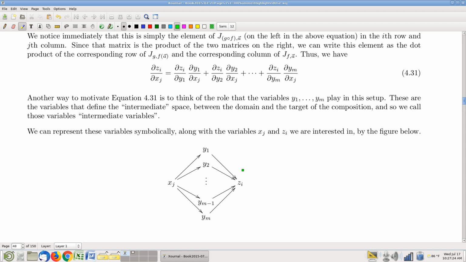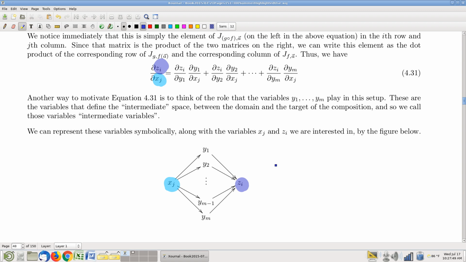Here is a sort of flow chart of the variables that are involved. You look at this equation here, look at all the variables involved. Well, there's xj, whichever input variable we're taking the partial with respect to. And then here is zi, the output variable that we're taking the partial of.